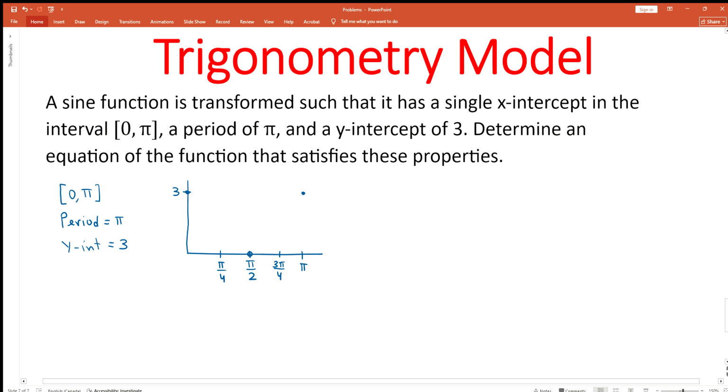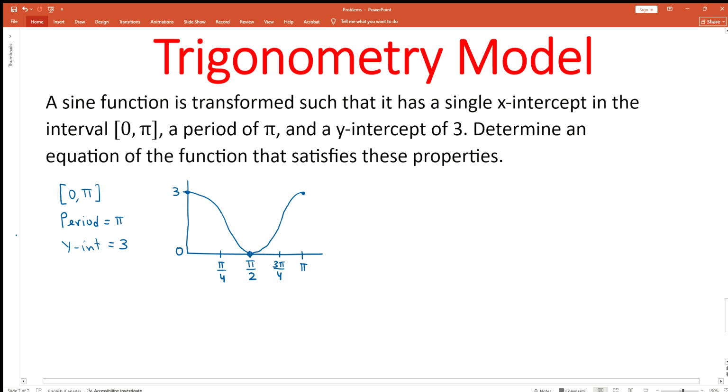Therefore, the minimum value for this function is 0. We can join these points to show the complete cycle. This can be the sketch of one full cycle of this function.